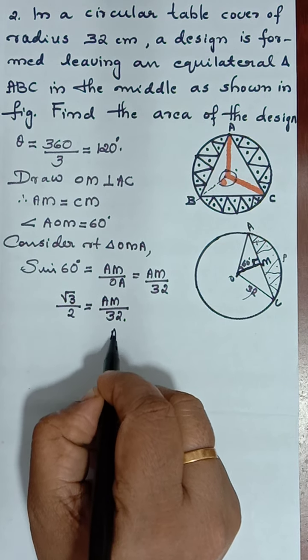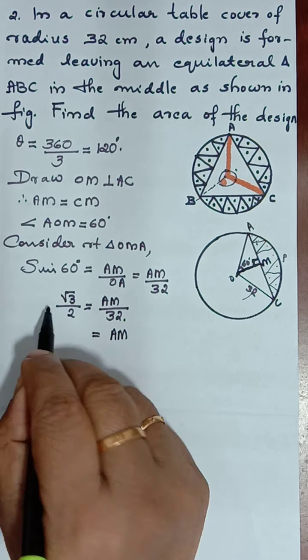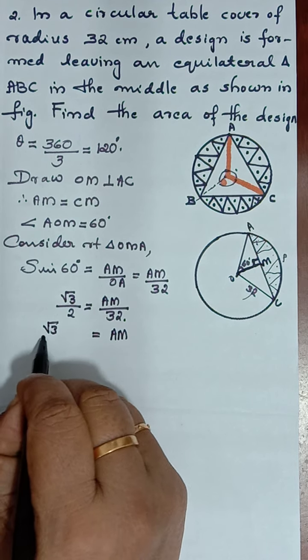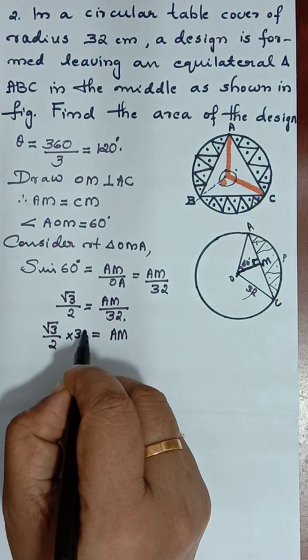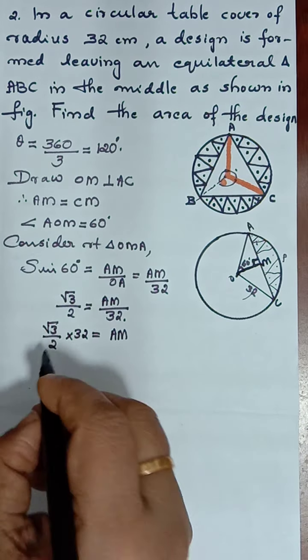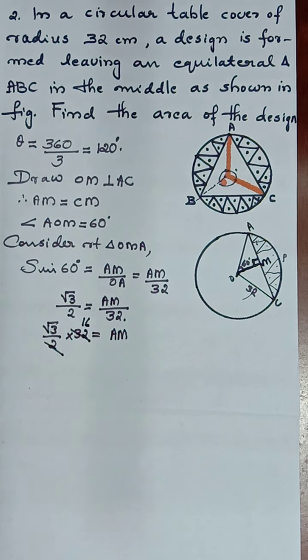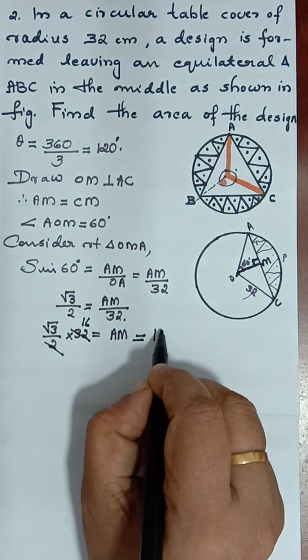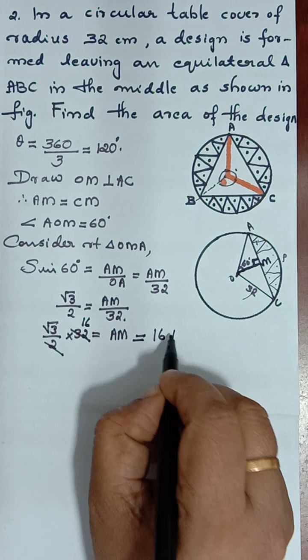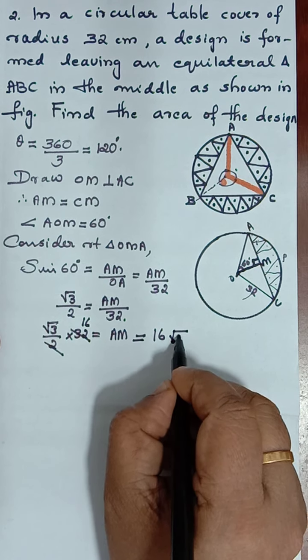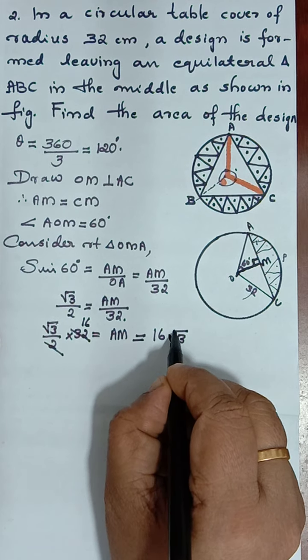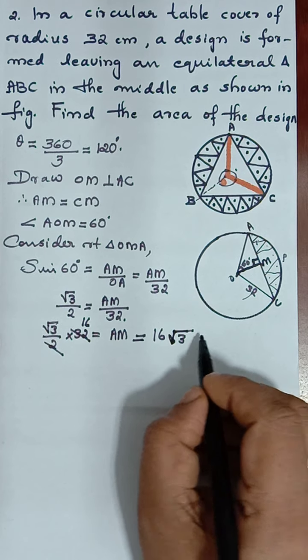So keep AM as it is. Transfer 32 to the other side, it becomes 32 into 32. Therefore AM is equal to 16 into root 3.